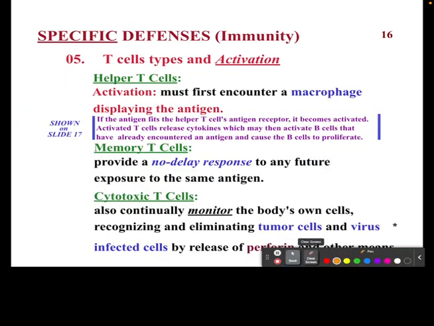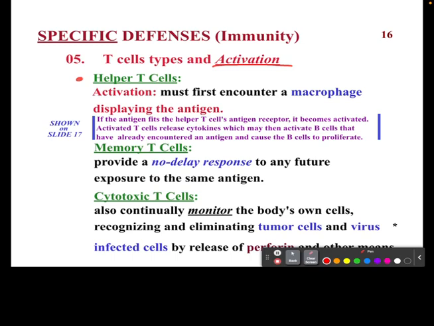From here, we have different types of T cells that can be activated. We have the helper T cells, and this activation must first encounter one of those macrophages that we talked about from a second ago, right? If the antigen fits the helper T cell's antigen receptor, it can then become activated.